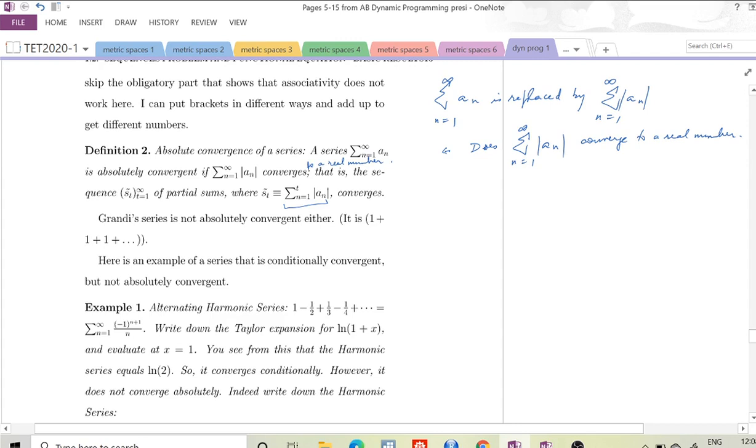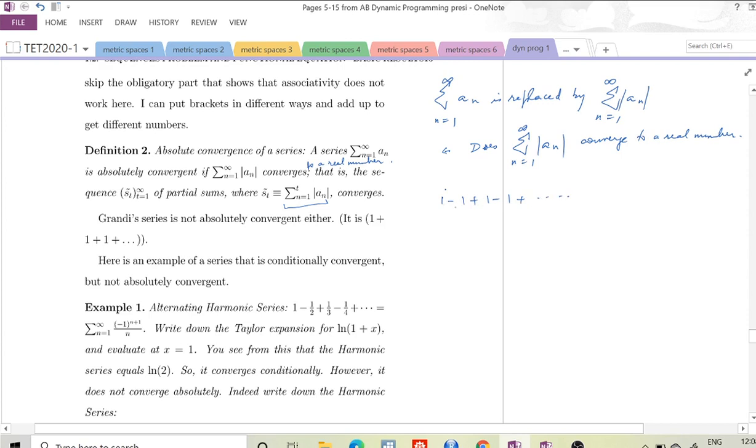Okay, so we saw that Grandi's sum is not conditionally convergent. The partial sums repeat 1, 0, 1, 0, etc. If we look at the absolute values for Grandi's series, that was Grandi's series, right?